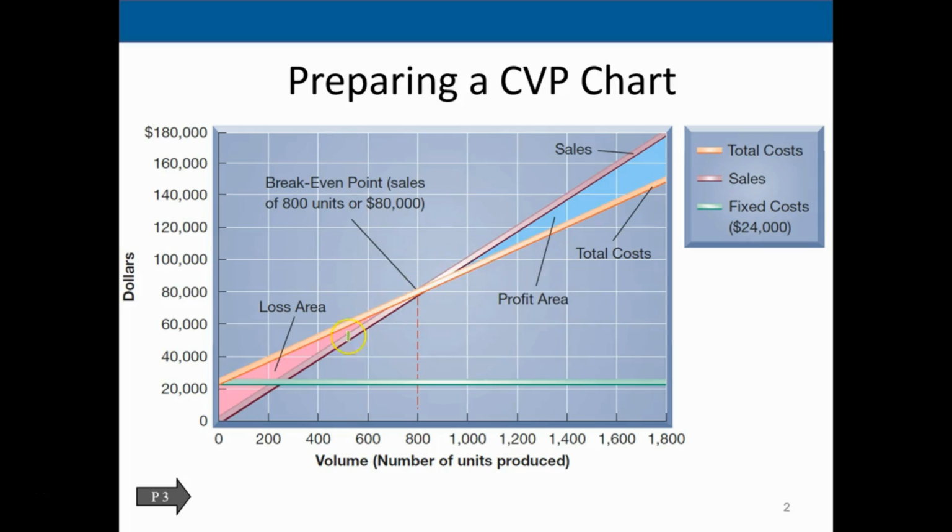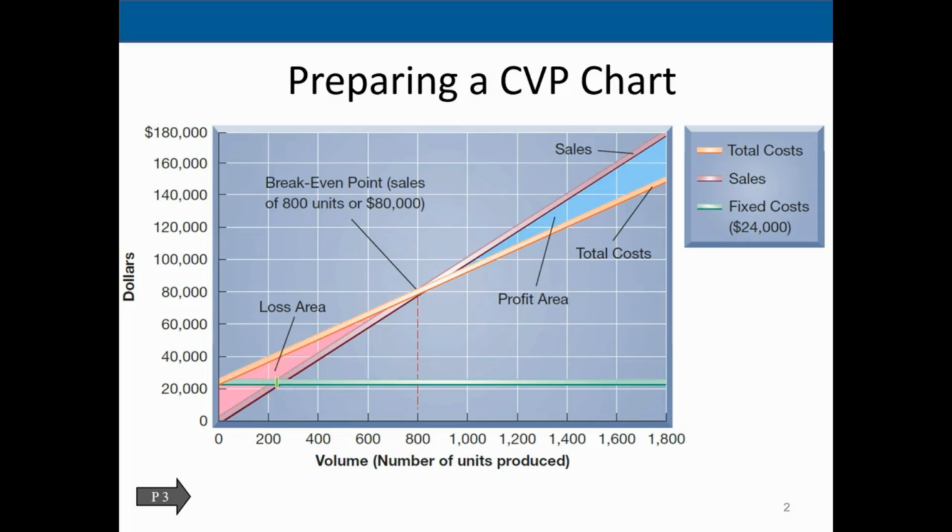It'll start at 0, of course, because if we don't sell anything, it'll be 0, and then it will increase, and we can see where the sales will cover our fixed costs and where they will intersect here, which we'll talk about with the total cost after this, and continue on indefinitely, theoretically, of course.